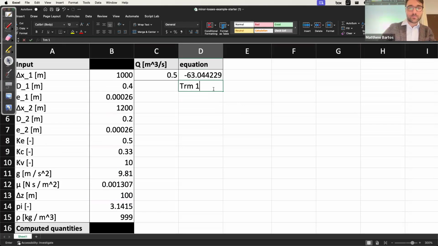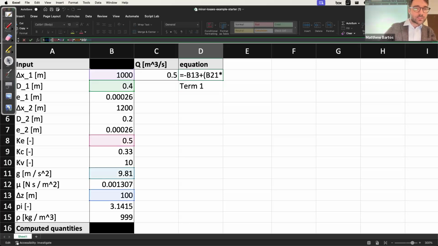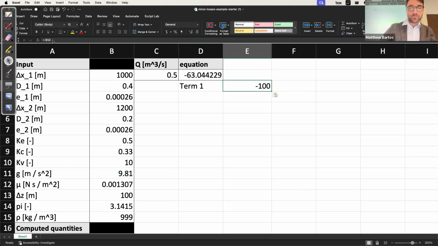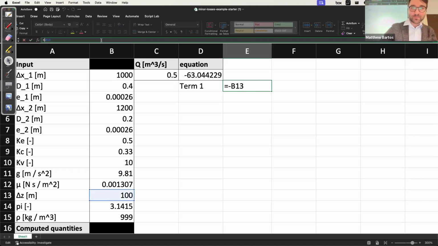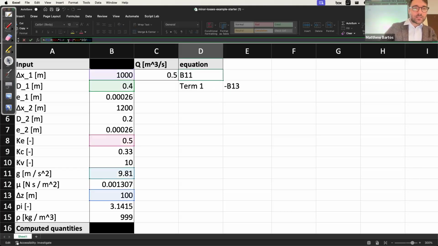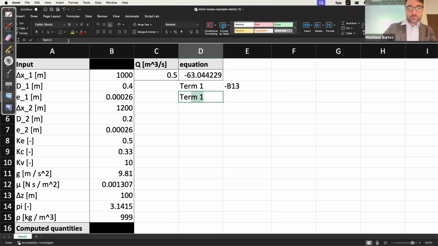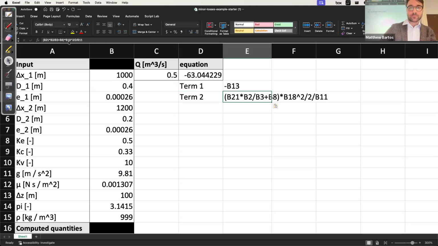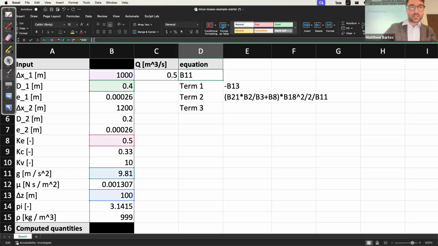So term 1 is the negative delta Z, and that's just negative B13. For term 2, we have this expression here. And for term 3, we are going to add the next set of losses.